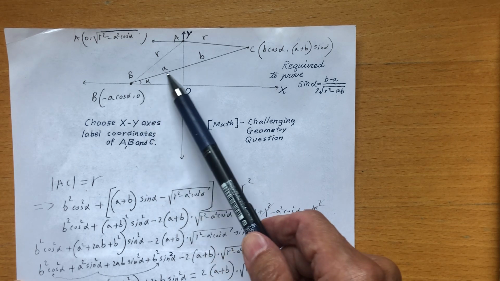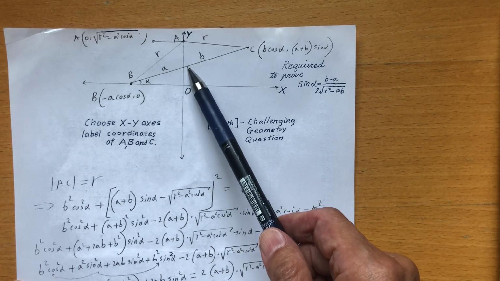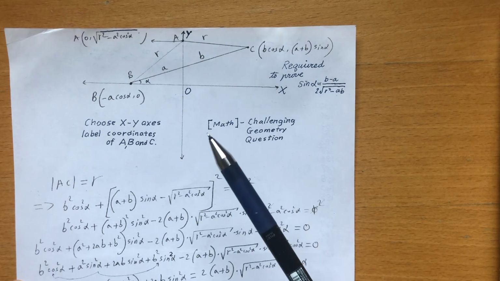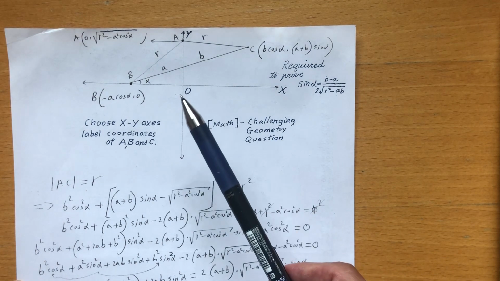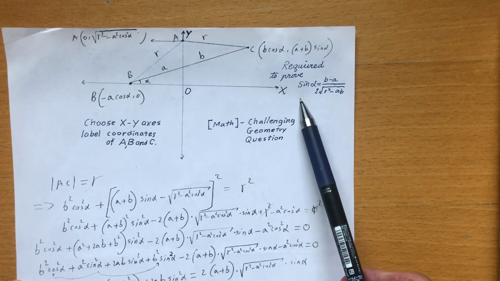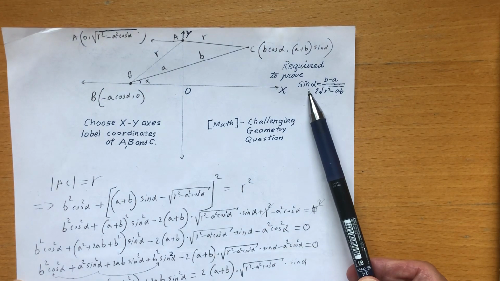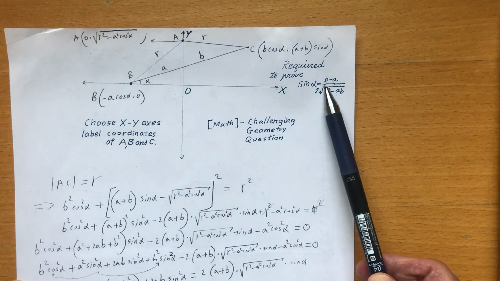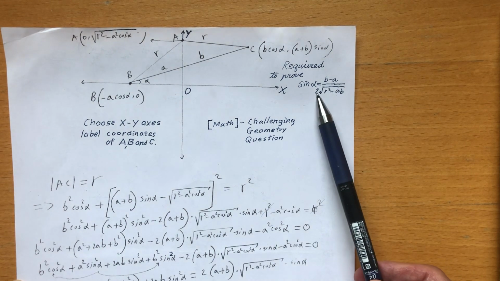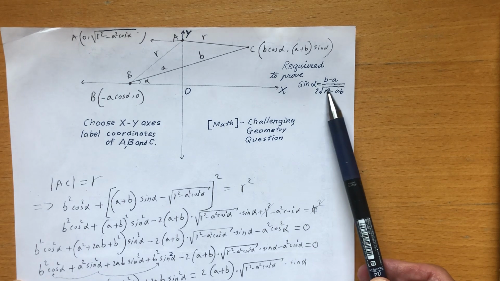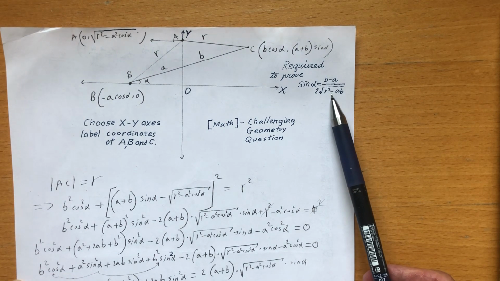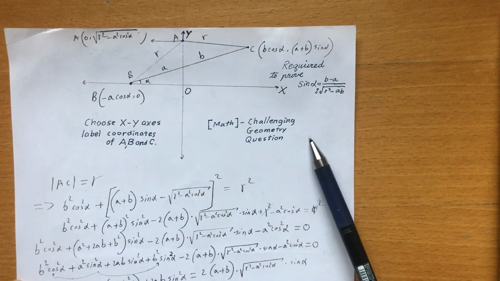This part of the side is A, and this part is B. What we want is to prove this relation: sine alpha is equal to B minus A divided by 2 times the square root of R squared minus AB.